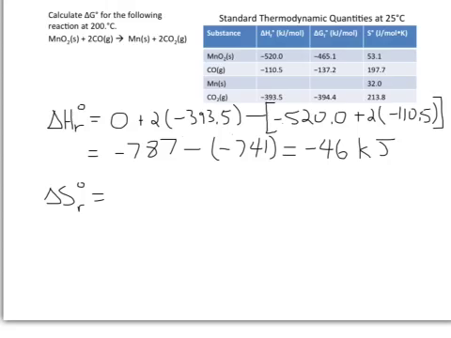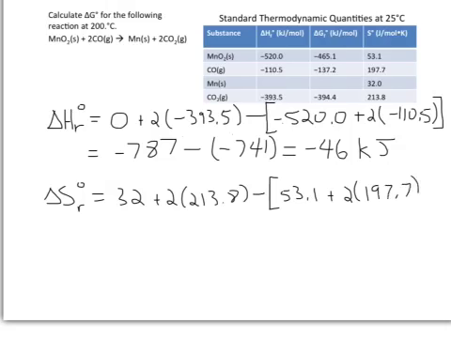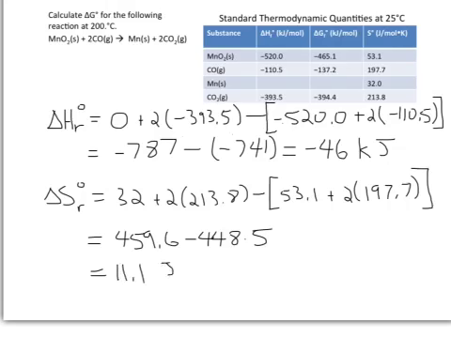All right, now I'm going to do the same thing for the entropy. And so that's going to be 32 for the manganese, 2 carbon dioxides again, so the entropy comes out to be 11.1 joules per Kelvin.